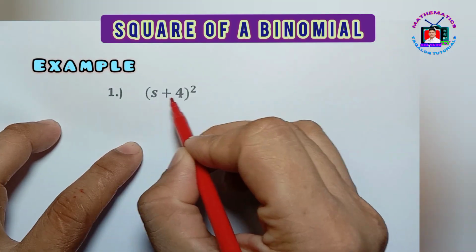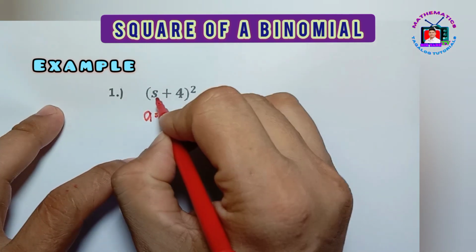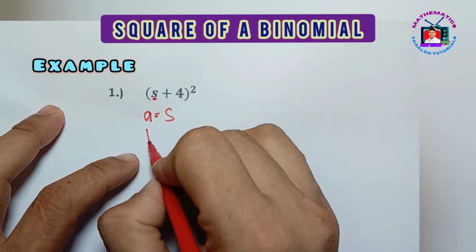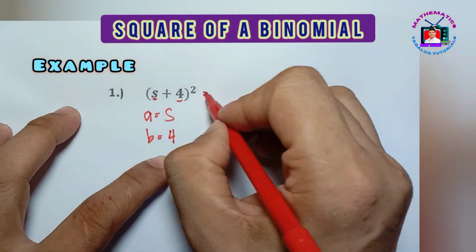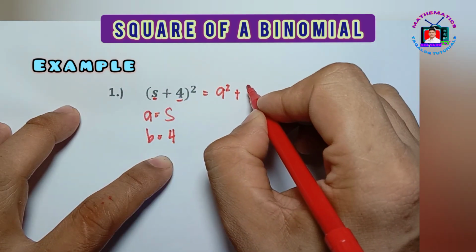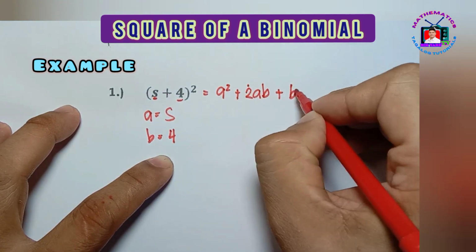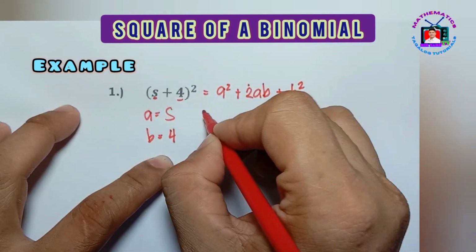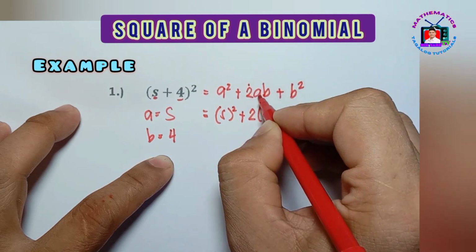Okay, so we have a binomial (s plus 4) squared. So first, let's use the formula. The requirement of the formula is a and b. So we have a, the first term, s, and b, the second or last term, 4. So the formula is a squared plus 2ab plus b squared. That's the square of the first term, twice the product of the first and last term, and the square of the last term.